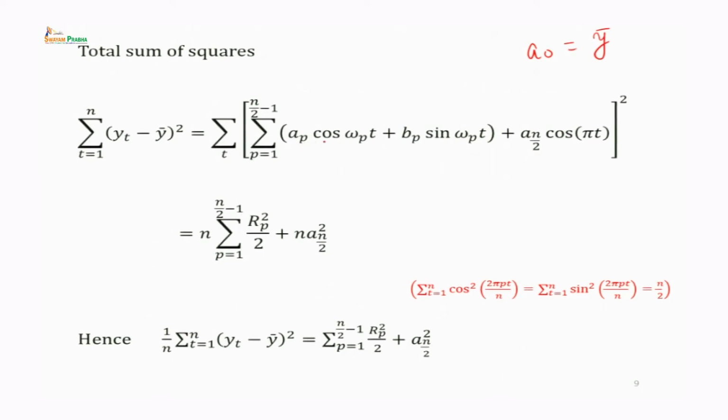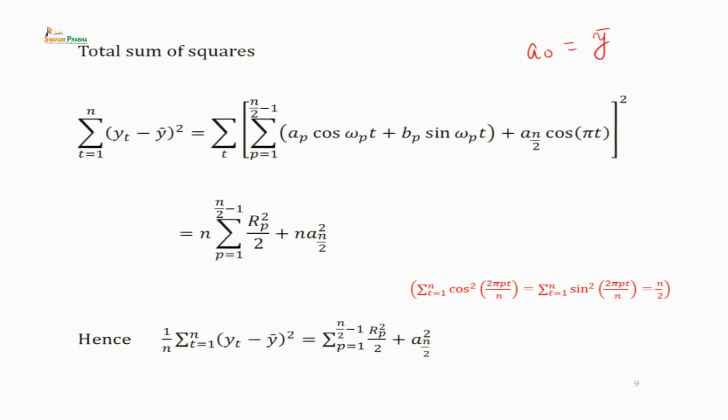So, you get square terms, means A_p square cos square omega_p t and B_p square sin square omega_p t. And when you take summation over t of these terms, you get n by 2. Summation over t cos square omega_p t is equal to n by 2, summation over t sin square omega_p t is n by 2.